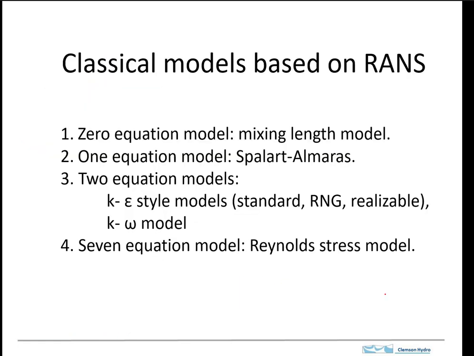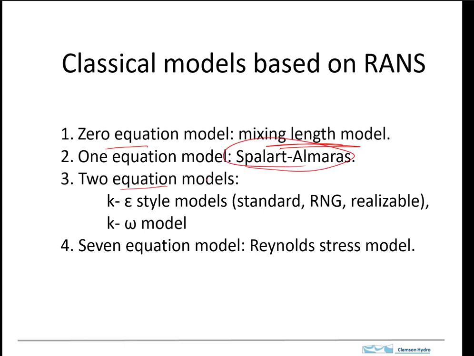Okay, so now we need to come up with a solution for this, and there are a bunch of different ones. Here is a listing of some of them. They have different numbers of equations. Zero equation that includes a mixing length. One equation by Spalart and Allmaras.